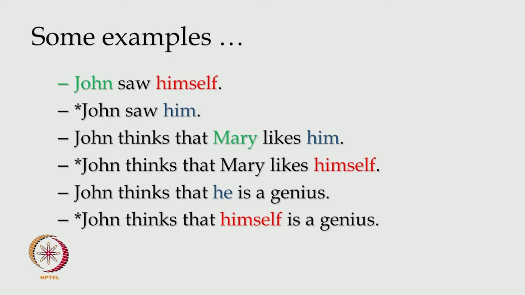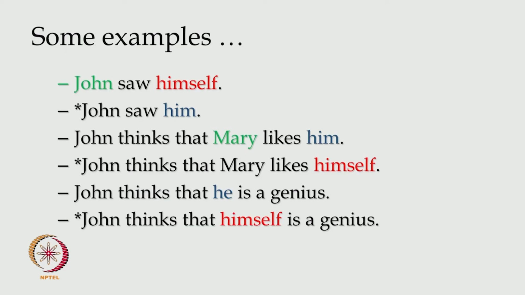In the next sentence, John thinks that Mary likes himself. Is bad. Right? This sentence is not grammatical, not just because of Mary and himself. Okay? Not just because of that. However, that is true. If we say John thinks that Mary likes herself, then the sentence is good. But keep in mind, even if we put, let's say, Peter in place of Mary in that sentence, the sentence is good, right?